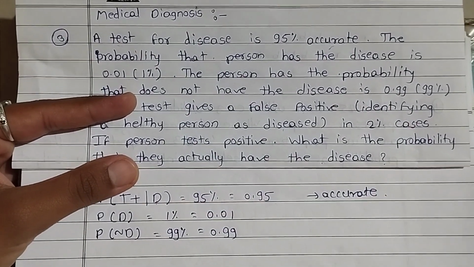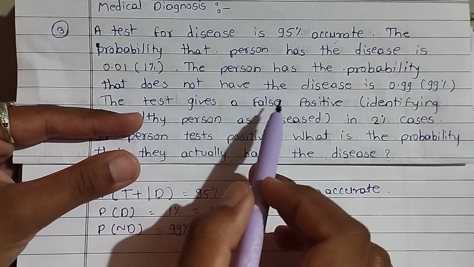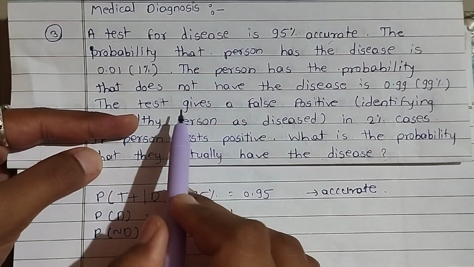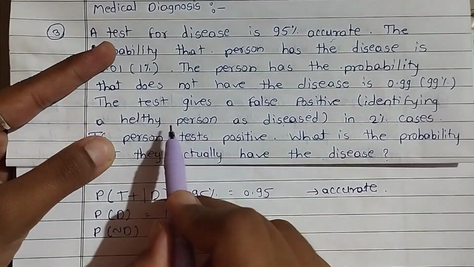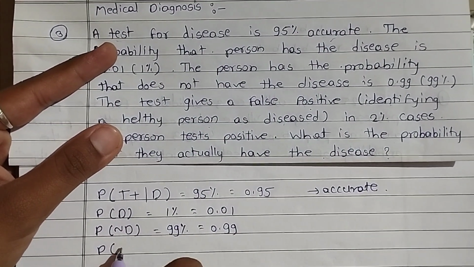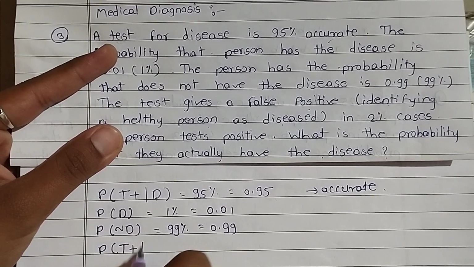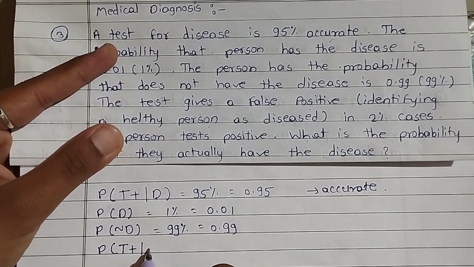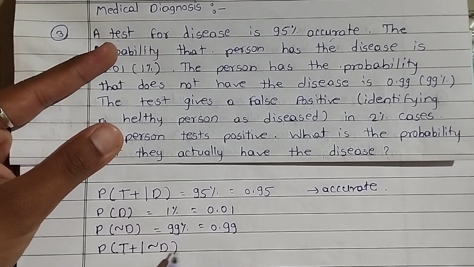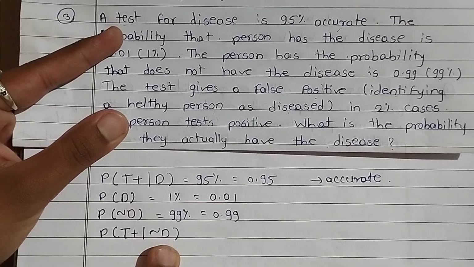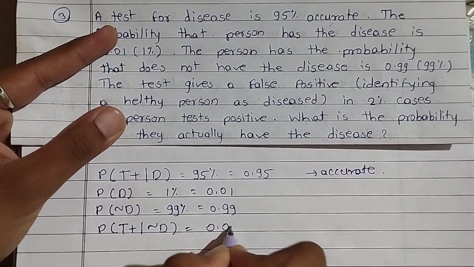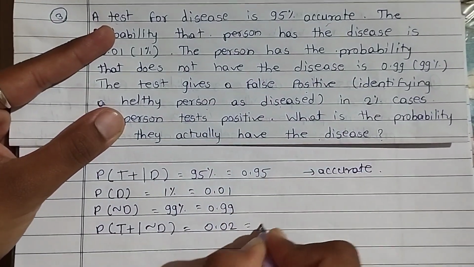Now next, the test gives a false positive in 2% of cases. False positive means the test shows positive but indicates not disease, that is, the person does not have the disease. That probability is 0.02, which is 2%.